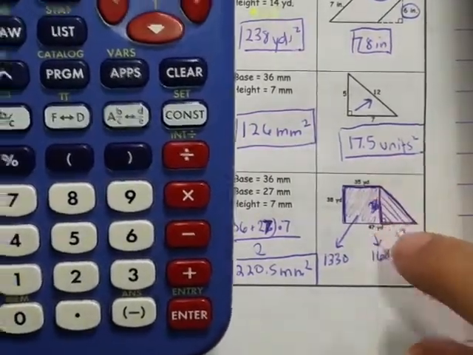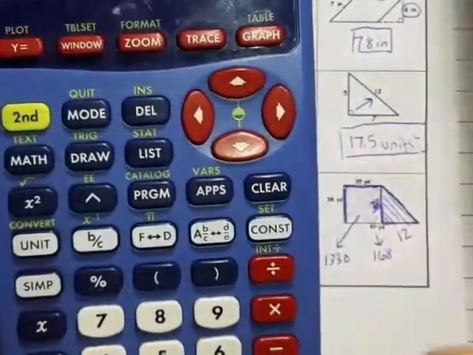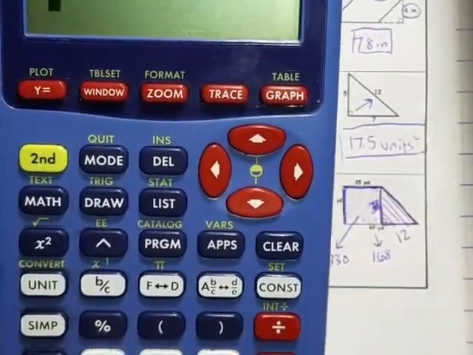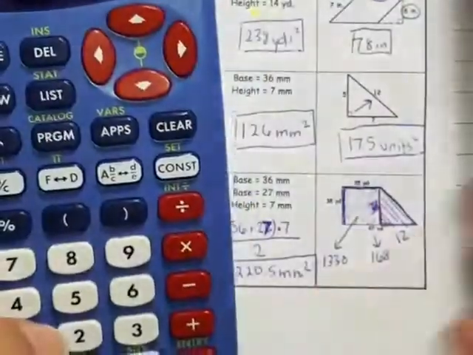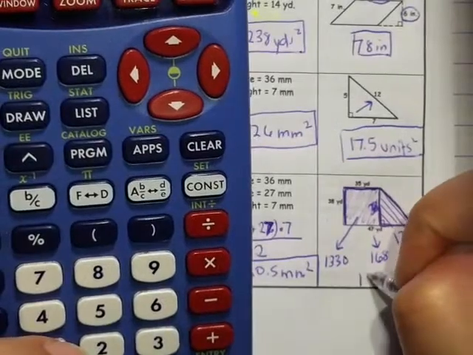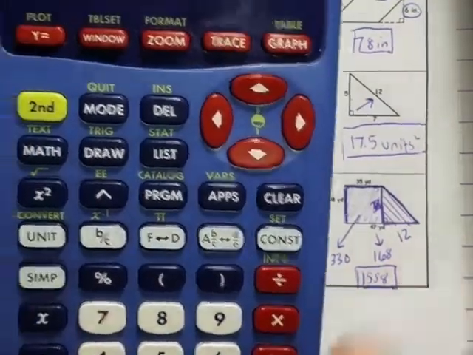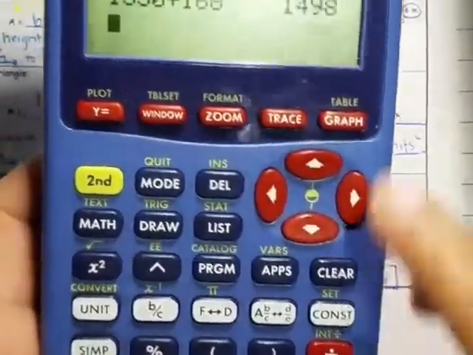So 35 plus 47 times 38, and then divide by 2. 1,558, okay. And let's add these two together, so 1,330 plus 168.